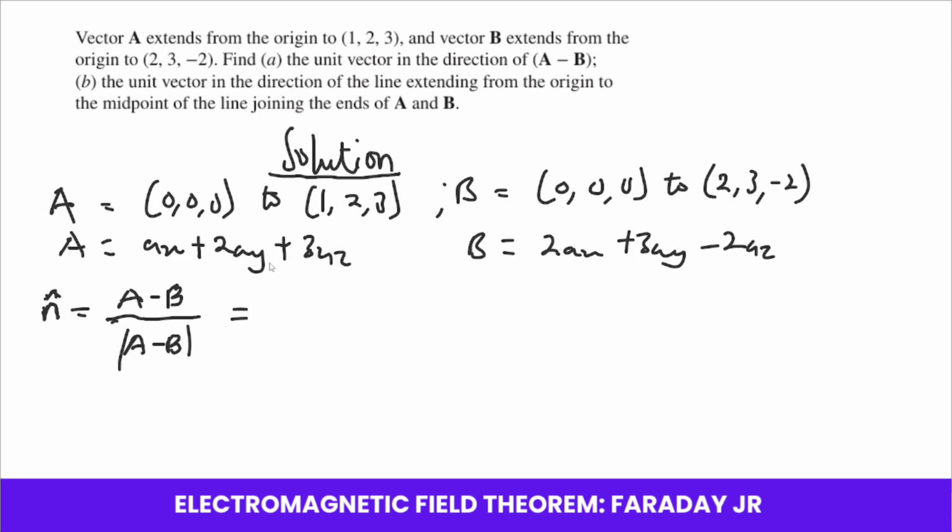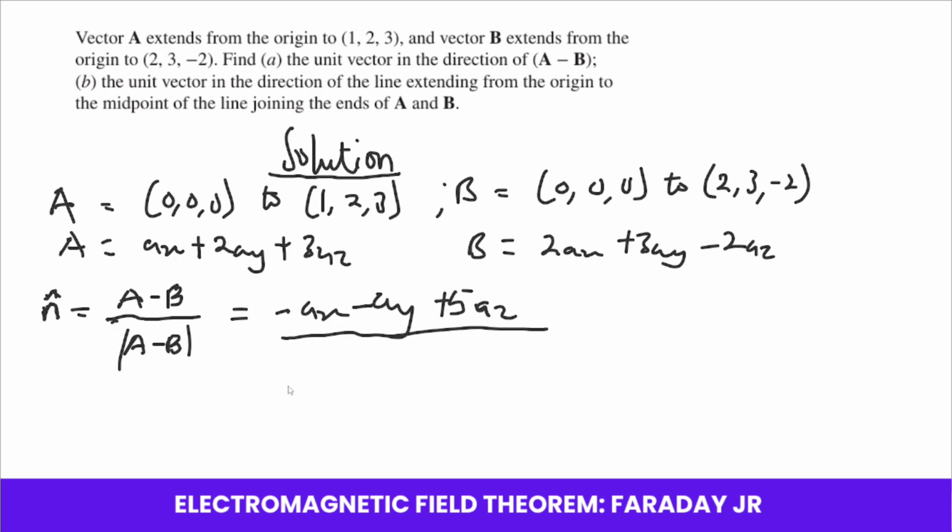So our A minus B is going to be ax minus 2 is going to give us negative ax, minus 2ay minus 3ay is negative ay, plus our 3az minus 2az is going to give us 5az.